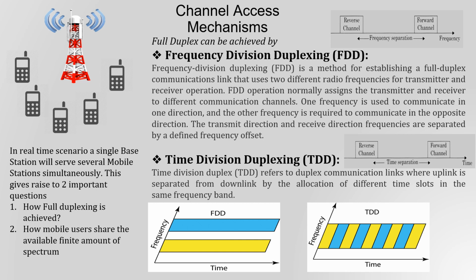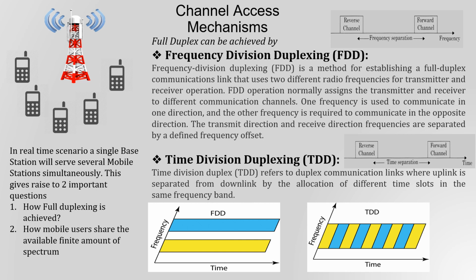This is the conceptual representation of FDD, frequency division duplexing, where you can see each channel is divided with respect to frequency. Blue represents one frequency set and yellow represents a different frequency set.